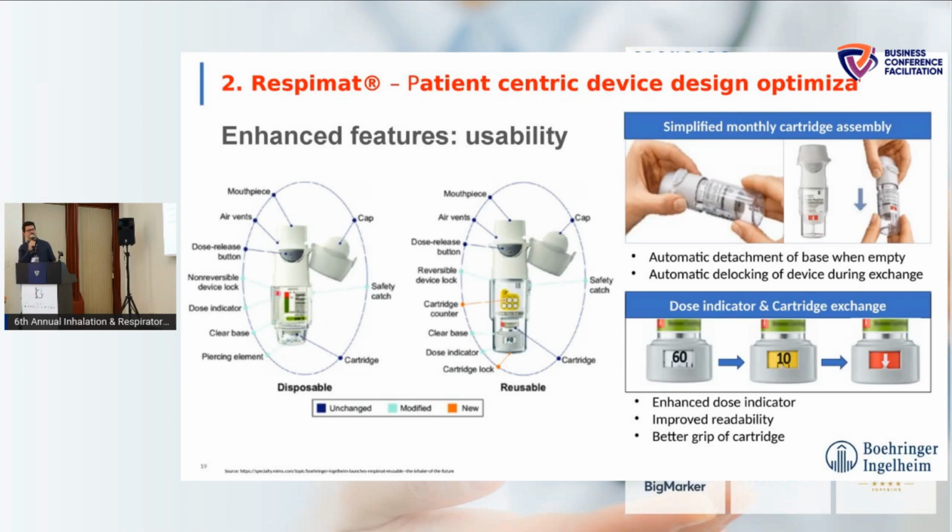So they enhanced the dose indicator, improved the readability, and also improved the size for better grip. This is a good example, and I like to show it because you have a product on the market that really works, and patients can take benefit, but of course there's always something else and much more that you can do to keep supporting patients.